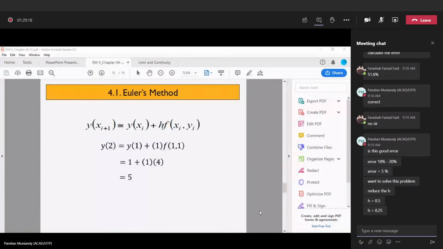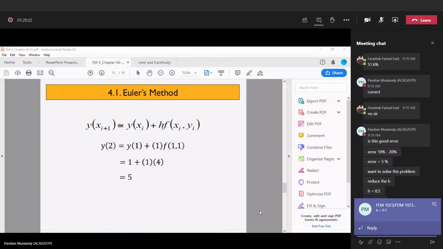But this one, you have to do 9 iterations. h is 0.1. You start with 1, and you reach 2 by 1.1, 1.2, 1.3, 1.4, 1.5, 1.6, 1.7, 1.8, 1.9, then 2.0. So 9 iterations.